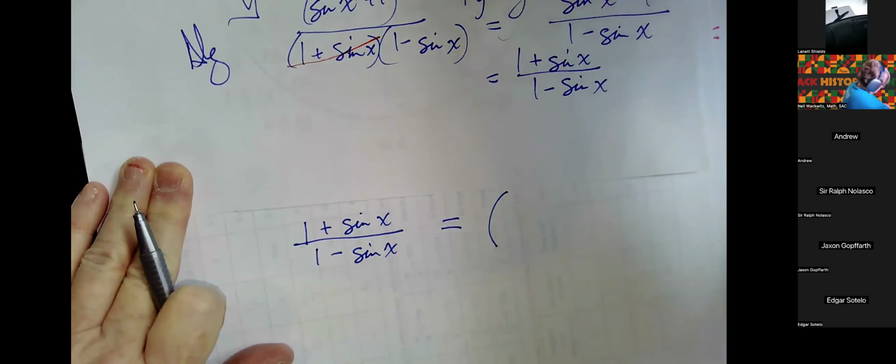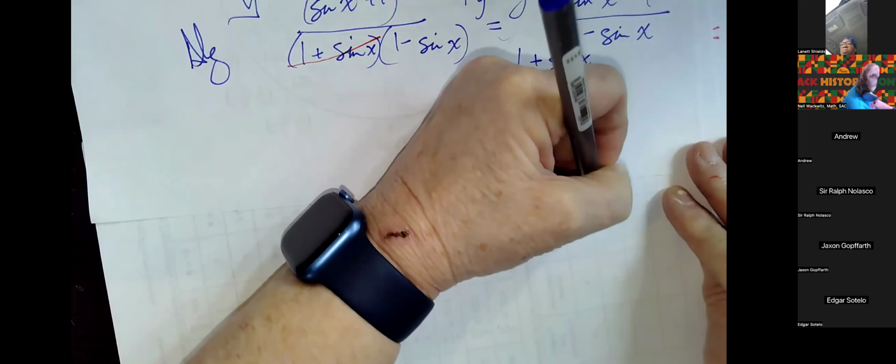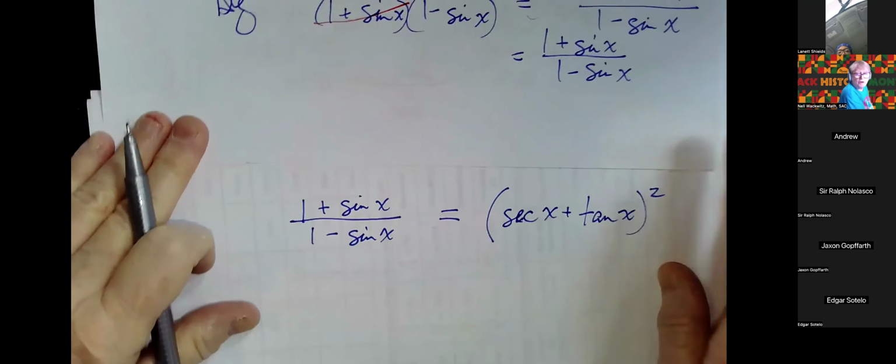And the goal is to show that that is equal to secant x plus tan x all squared. So we want to go this direction.